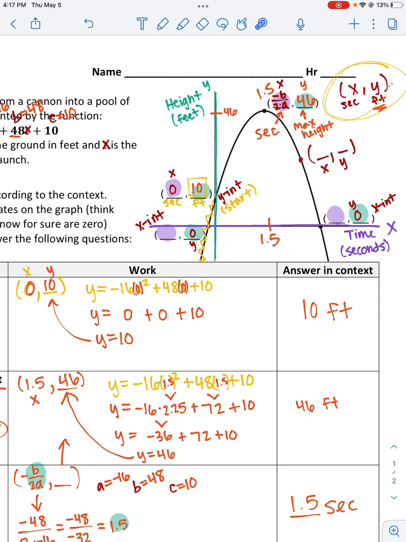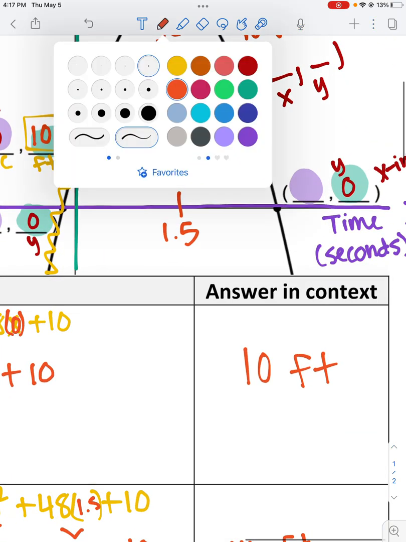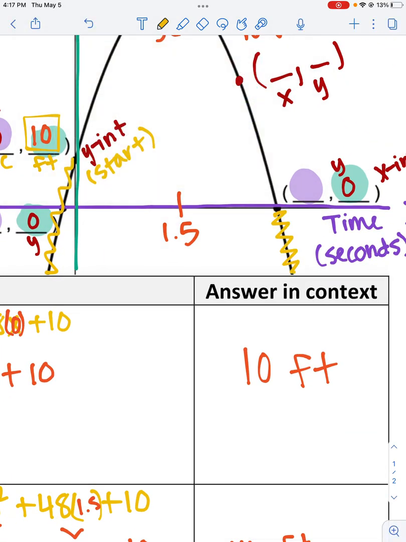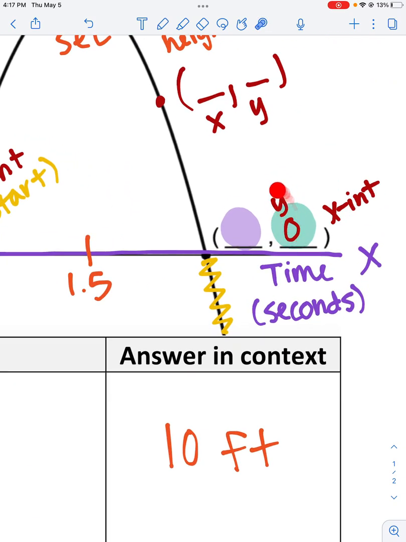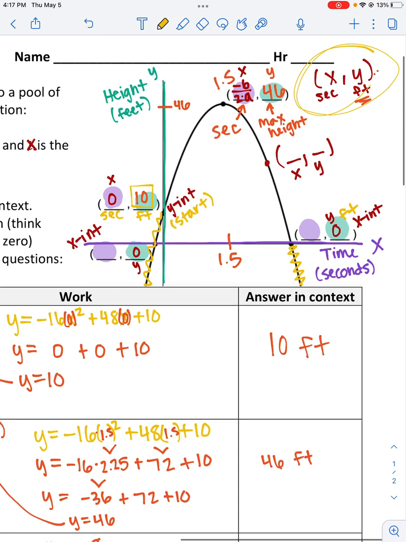And so he lands when my height is 0, which should be right here on the x-axis. So we are also going to ignore the negative y values here. We're not going to have negative height. We stop at 0, which right here is saying we know for a fact 0 feet is an x-intercept.